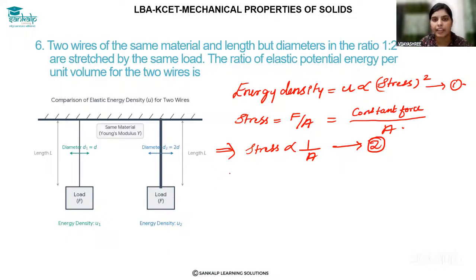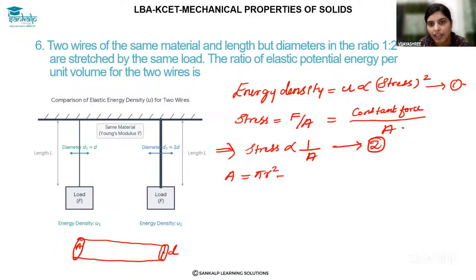Now area is the area of the wire. Let me draw a diagram here. The cross sectional area of the wire is circular. This length is the diameter. So the cross sectional area is equal to pi r square.